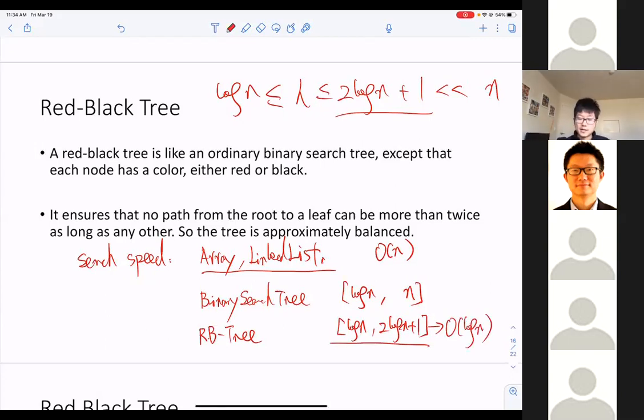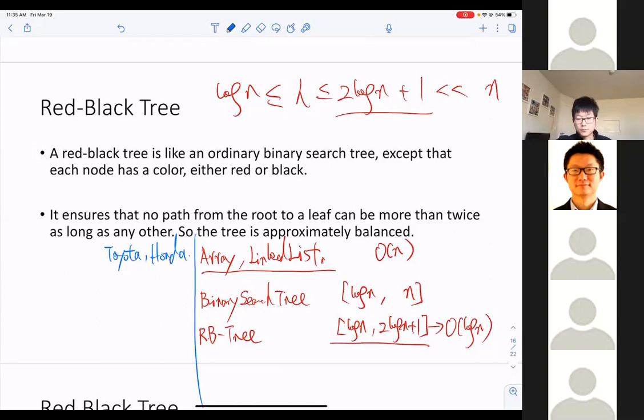Now let's use a different example to understand them. You can take array and linked list as something like a Toyota or Honda. Nothing fancy, but they're easy to maintain. With an array, we can easily change a value, and inserting something into an array is not too difficult to write a program for.